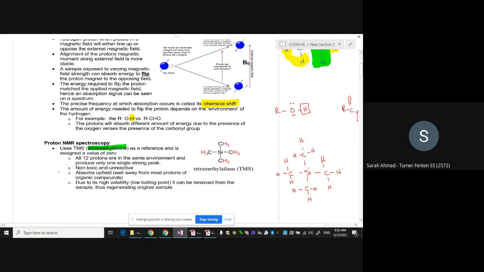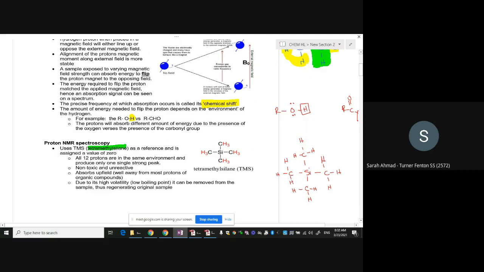So just like in UV-Vis, you'll use a blank to zero it, or you tare your balance. This is basically zeroing your chemical shift. And so everything is measured relative to this very shielded hydrogen environment molecule. Okay?